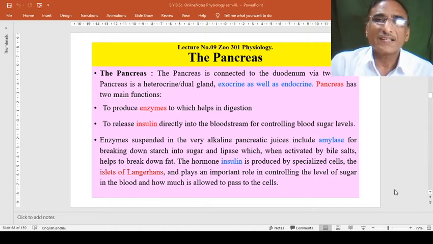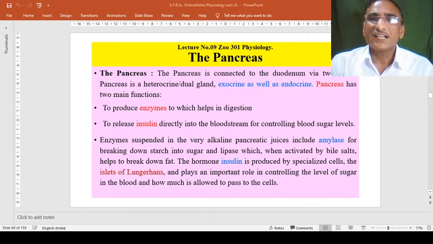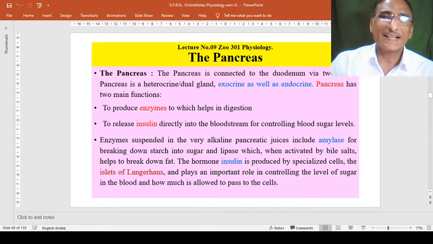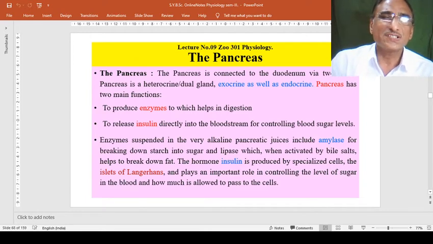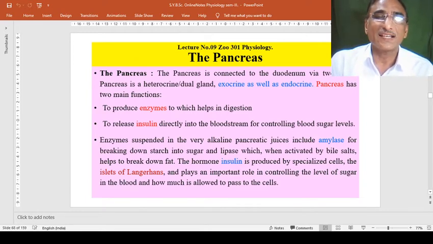Now, the pancreas is a dual gland. It is connected to the loop of the duodenum, and secretes either directly or by ducts. The pancreatic juice is secreted through the pancreatic duct, whereas the endocrine secretion, that is insulin, is poured directly into the bloodstream.